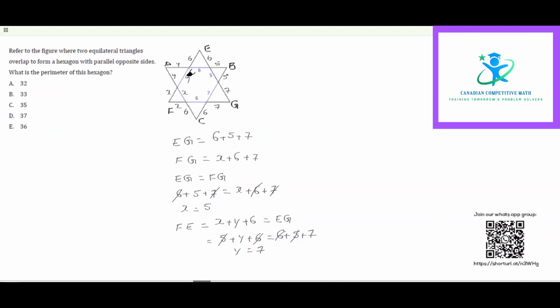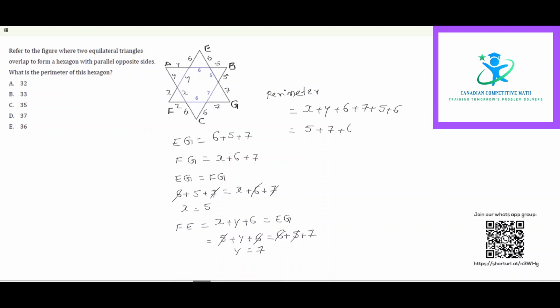So in this hexagon, we now know Y equals 7, X equals 5. So the total perimeter will be equal to X plus Y plus 6 plus 7 plus 5 plus 6, and we know X is 5, Y is 7.